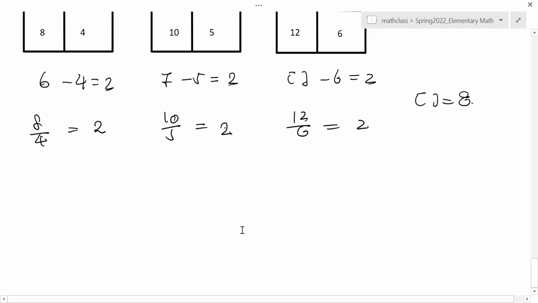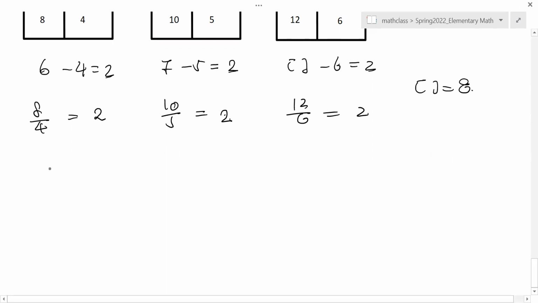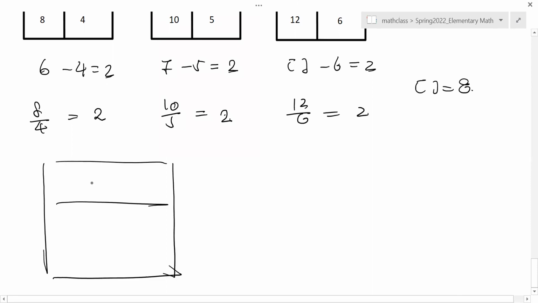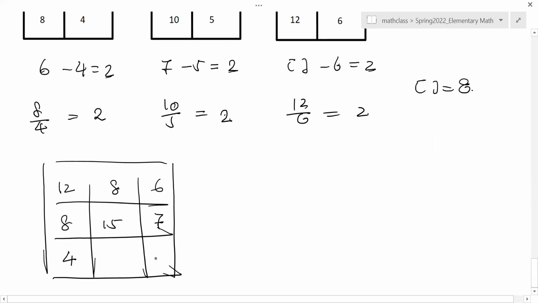So now I'm going to discuss some more complicated problems. We only have one square, but there are 9 numbers inside. Watch out: 12, 8, 6, 8, 15, 7, and 4 and 8.